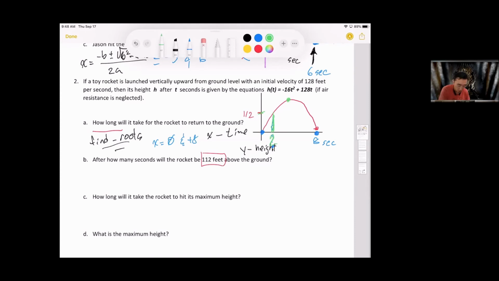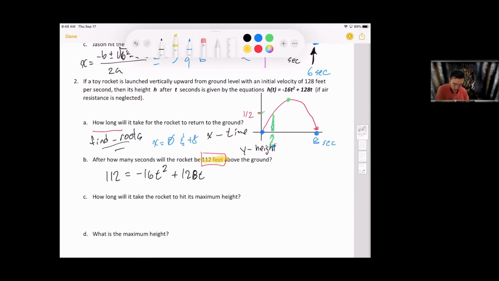Okay. So the way I'm going to do this is I'm going to say, if the height is 112, then what is the amount of time? What's t in 112? That's what it's asking for, right? Because they're asking you for the height.